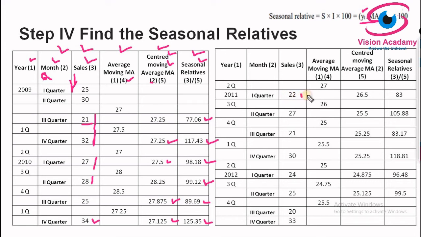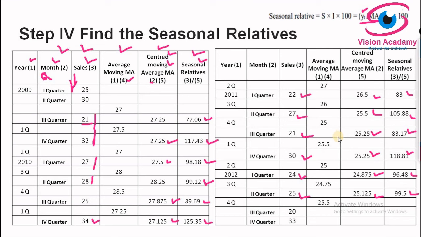So here 22 divided by 26.5, which is 83; 27 by 25.5, 105.88; 21 by 25.25, which is 83.17; 30 by 25.25, which is 118.81; 24 by 24.875, which is 96.48; 25 by 25.125, which is 99.5. So all the seasonal relatives are exhausted because we do not have any centered moving average further.